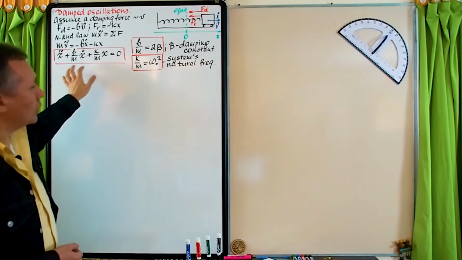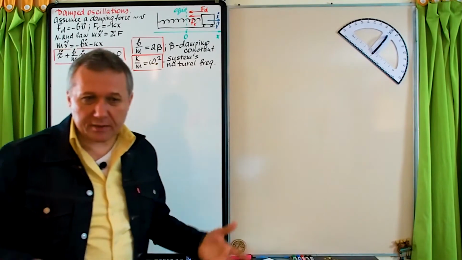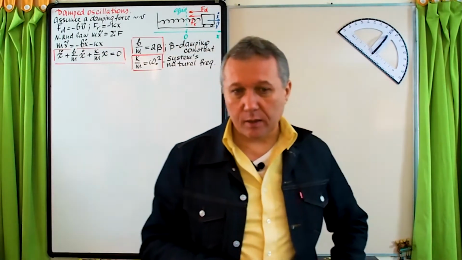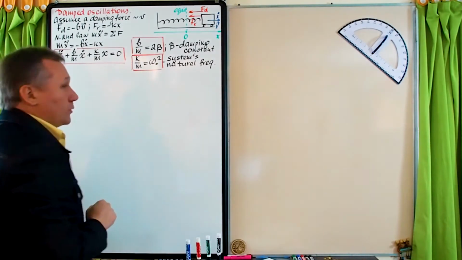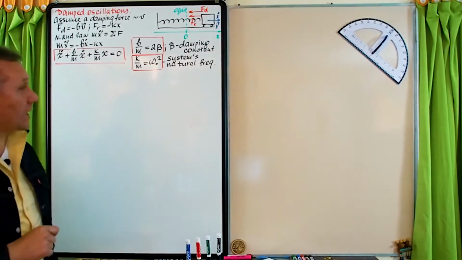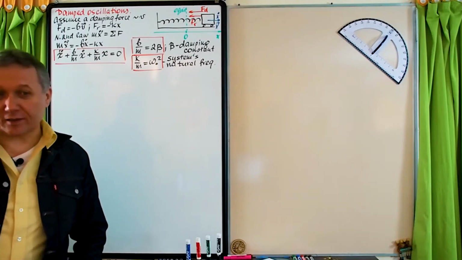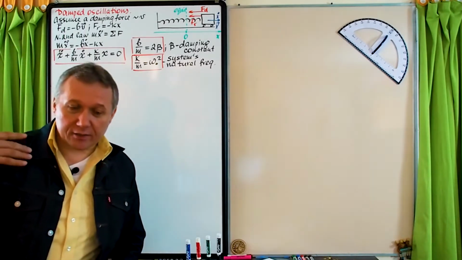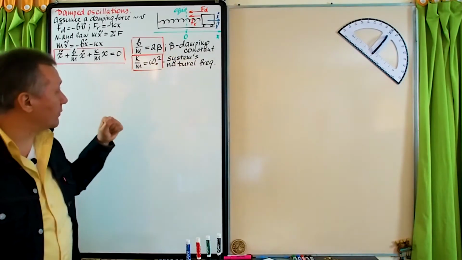Who wants to drag these constants, b over m, k over m? It makes sense to introduce new constants. Instead of b over m, we introduce 2 times beta, where beta is the damping constant. It characterizes the strength of the damping force.